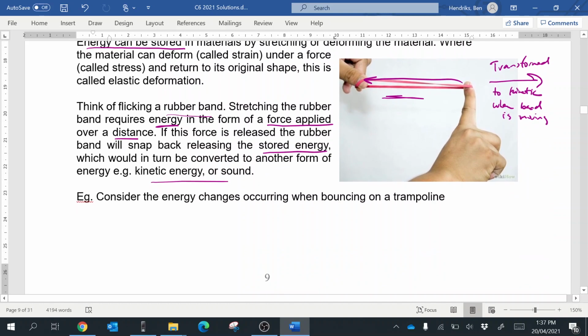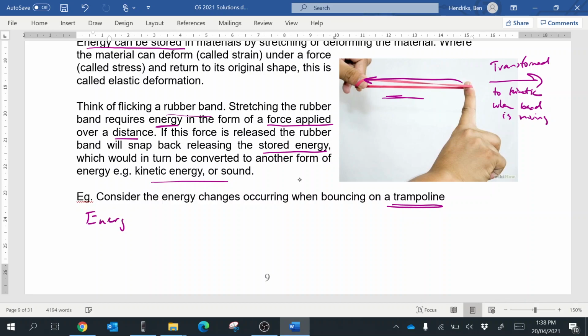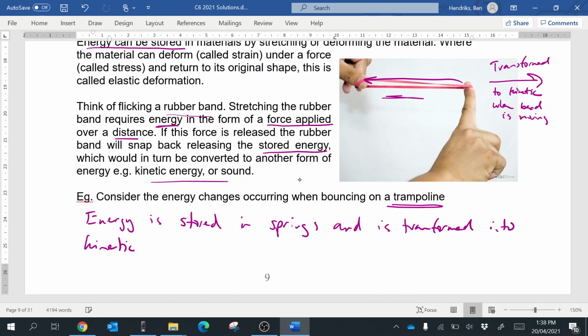Another example is the energy changes occurring bouncing on a trampoline. So when you bounce on a trampoline, energy is stored in springs. And when it releases, the person is transformed into kinetic energy, which sends the person in the air.